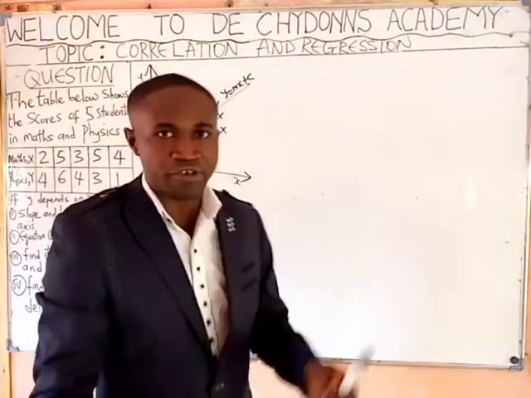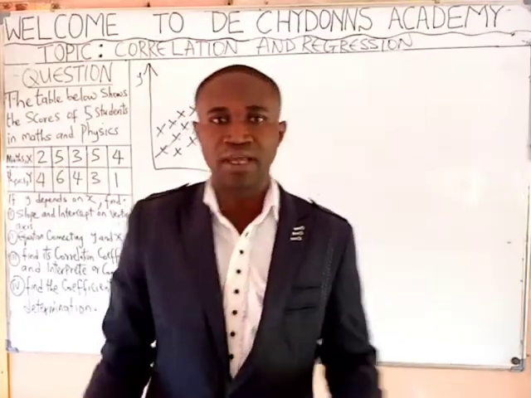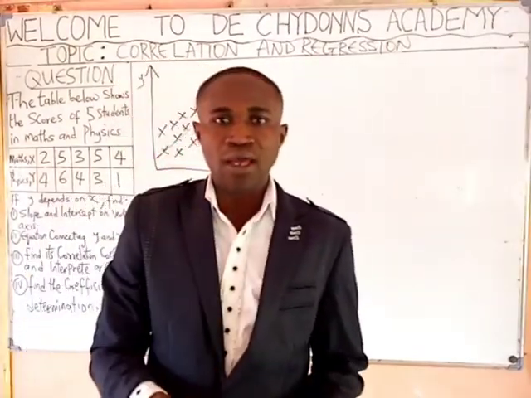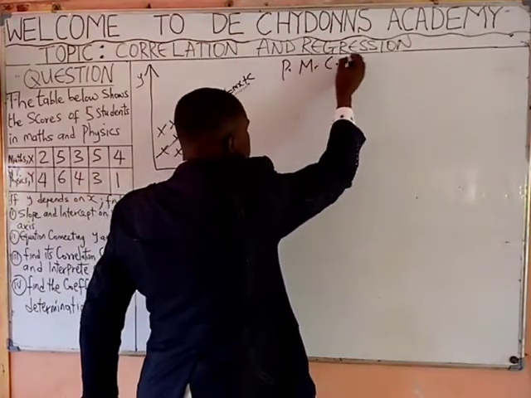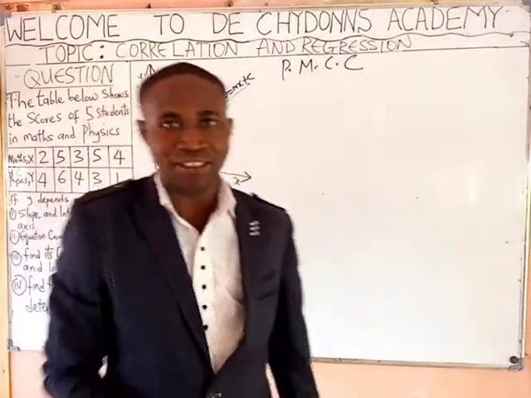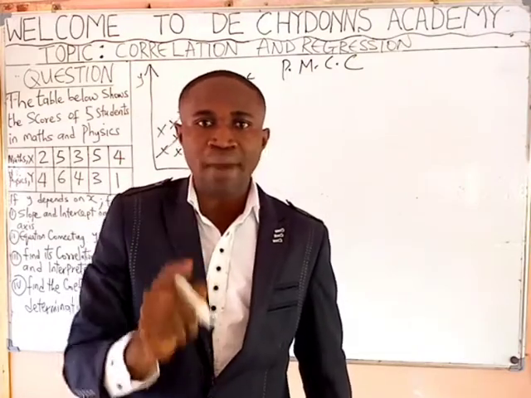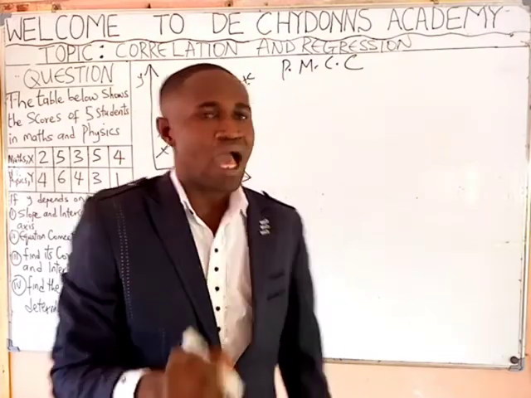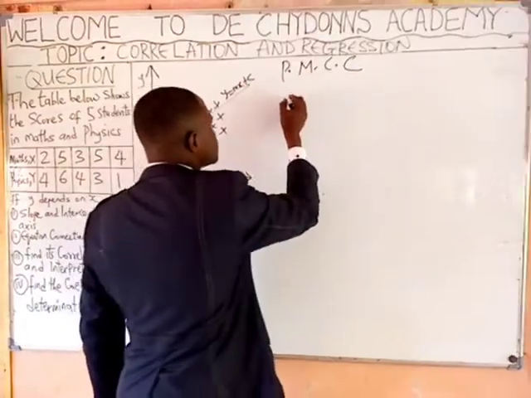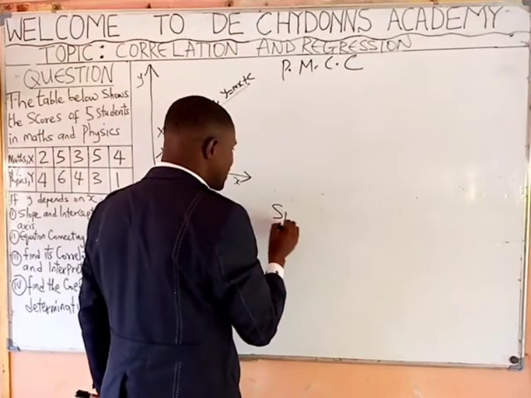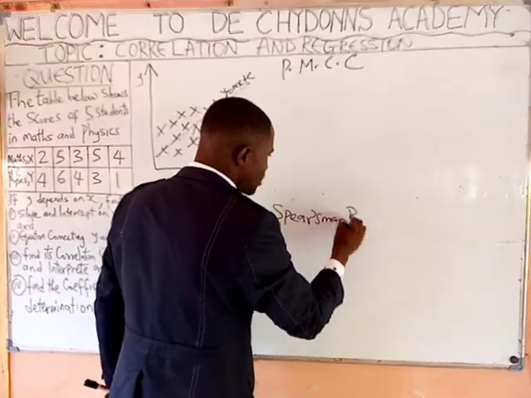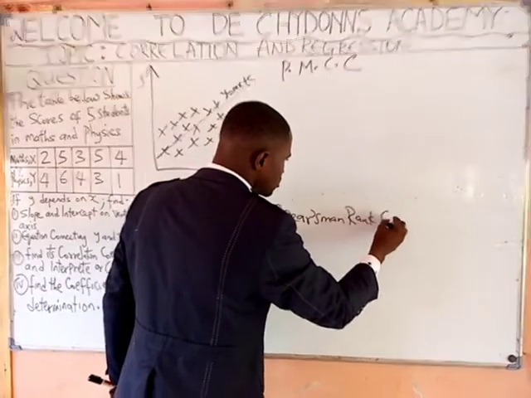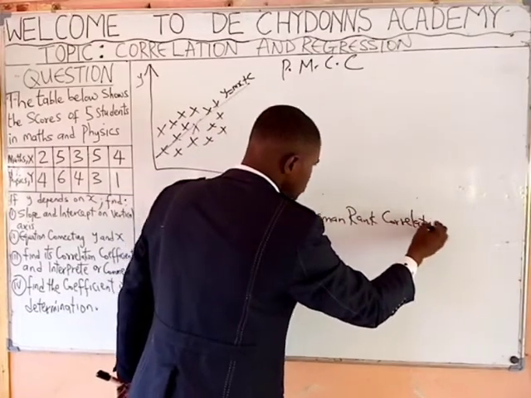One of the ways is called product moment correlation coefficient, PMCC. Another way you can get it is through the Spearman rank correlation coefficient method.